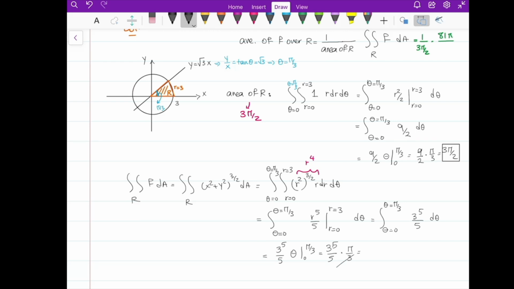So now one of them would be cancelled with the 3, which would be 81 pi over 5. I'm going to replace it in here. I'm going to simplify 3 and 81, so I get a 2 coming up, so 2 times 27 over 5, so the answer would be 54 over 5.